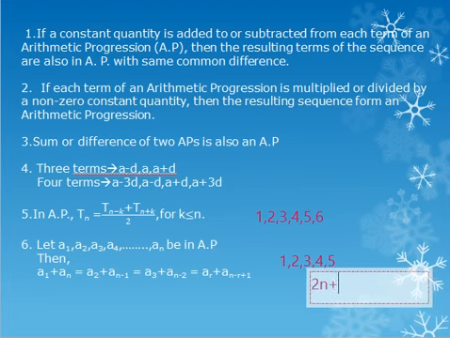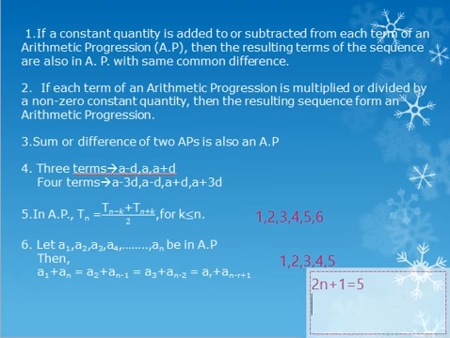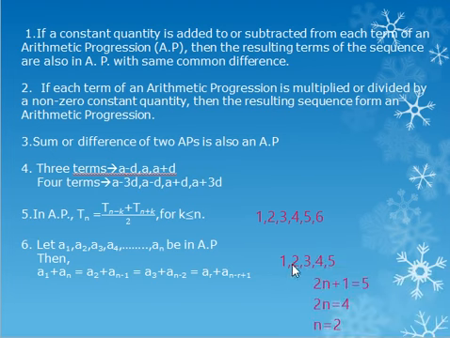Let me write that down. 2n plus 1 equals 5, and from this we get 2n equals 4, n equals 2, right? So I'm going to remove 2 terms from both the last and the first. The first 2 terms are gone, the last 2 terms are gone, and we got this third term, which is the middle term.